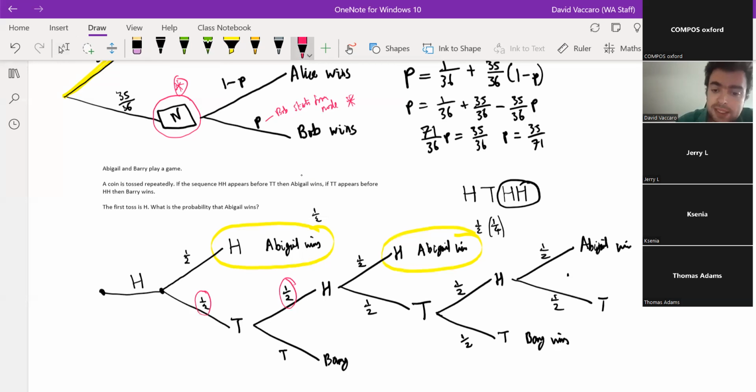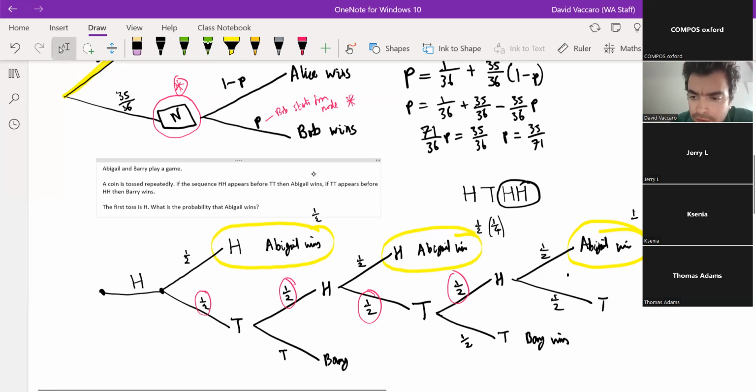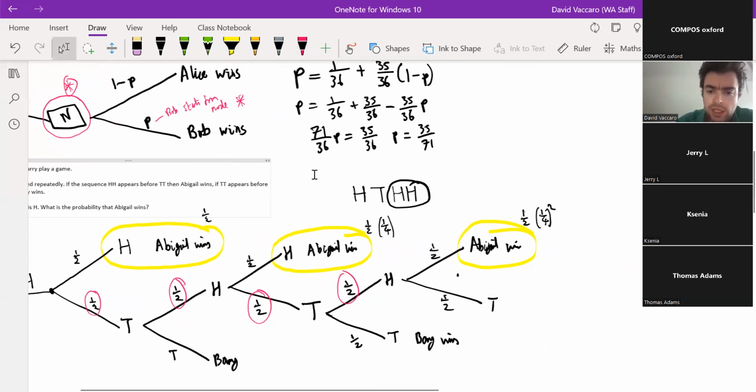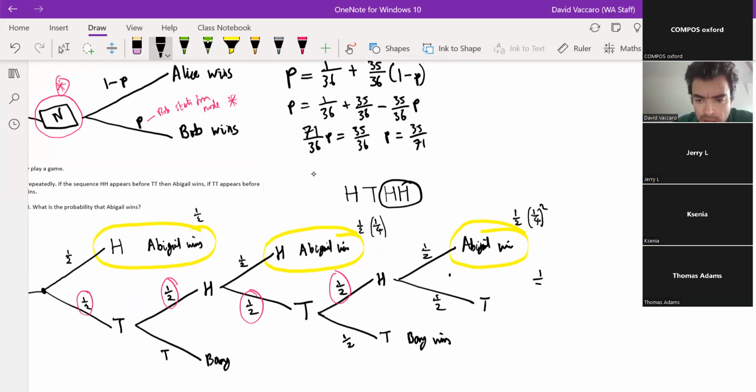Okay, she wins the next time here, when we've had two lots of TH, and then the game goes back to her. So we get a half times a quarter squared. So the infinite sum would be a half plus a half times a quarter plus a half times a quarter squared.